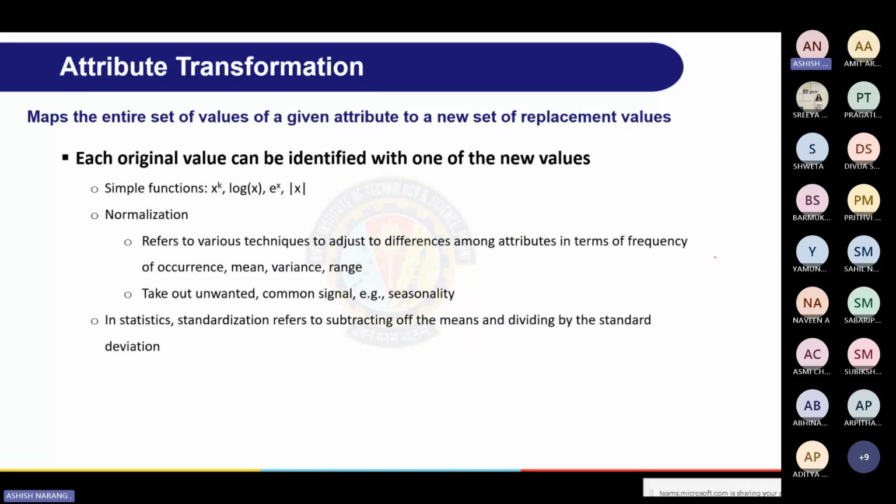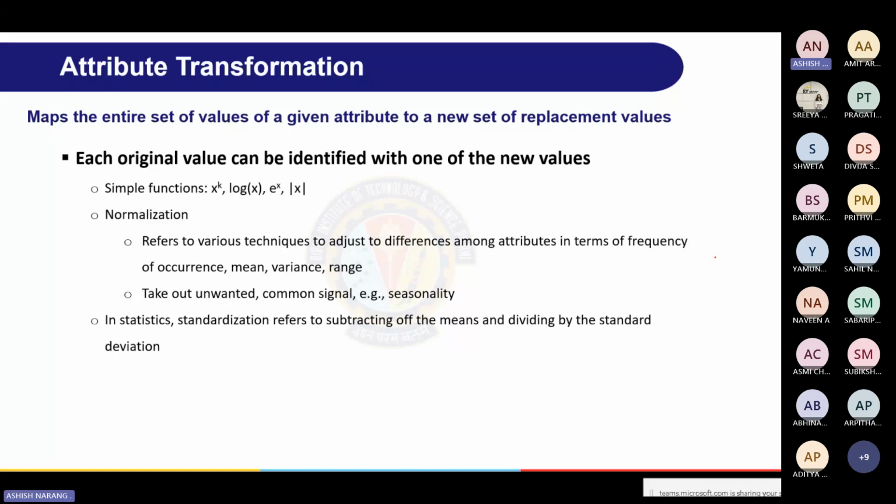Then comes transformation. I gave you one example, right, where one set of attributes had values in the range 1 to 10, and another set of attributes had values 1 lakh, 2 lakh, 5 lakh, 10 lakh, and so on. The scale on which they operate is quite different, and the model will be more biased towards the attribute which has a high range of values. So what we want is to transform them.